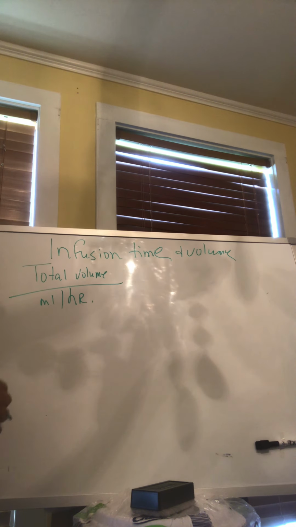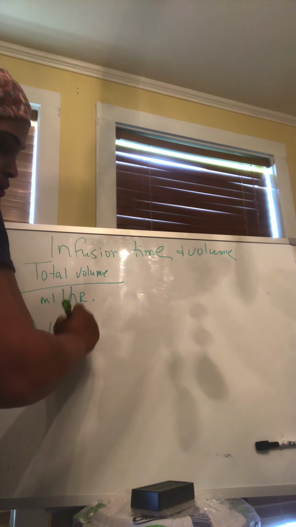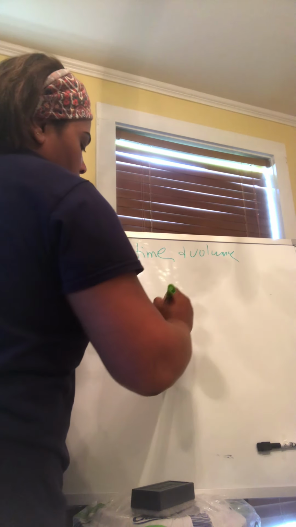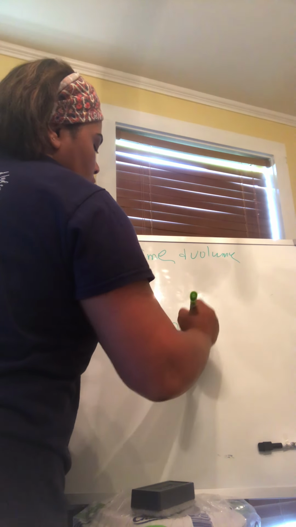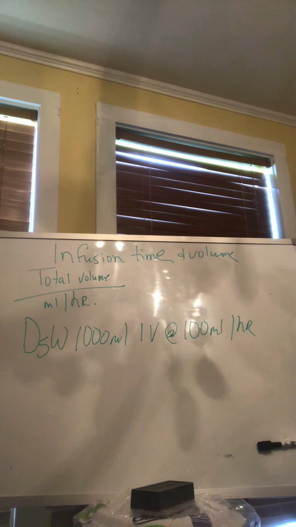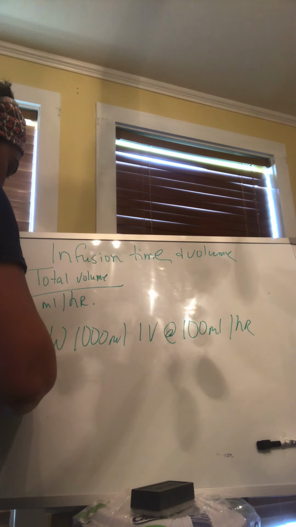Let's look at one of the examples. We have D5W, 1,000 milliliters, IV, and it is to run at 100 milliliters an hour. How long will it last?